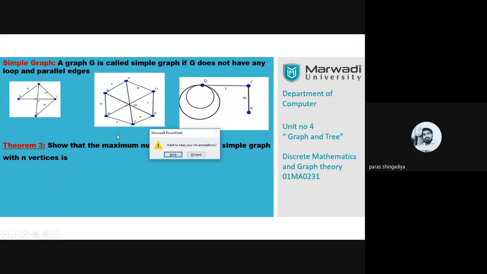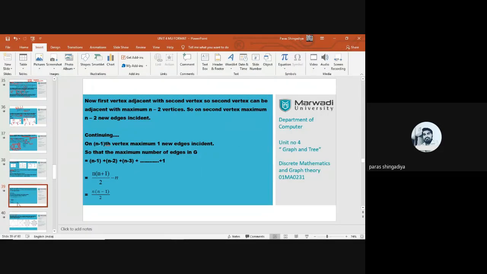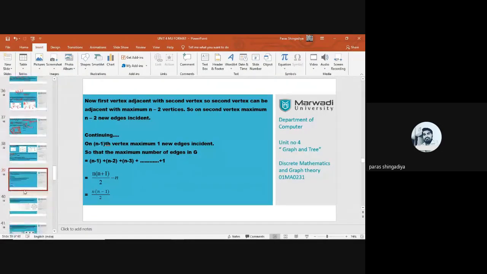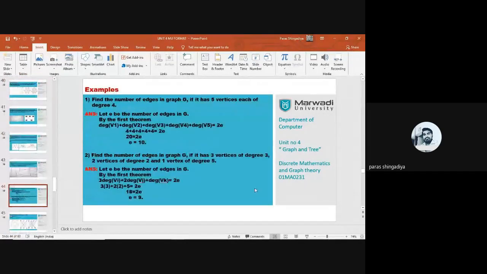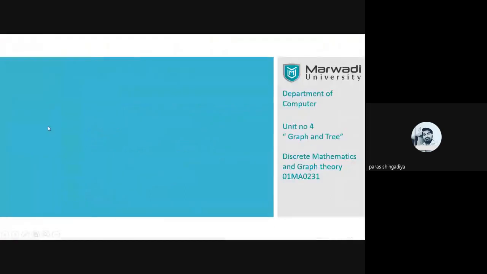First you have to try to solve this sum.